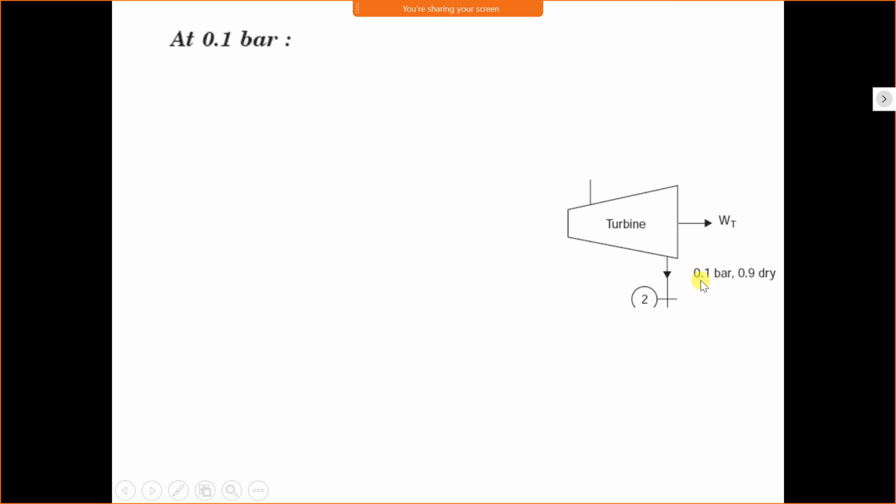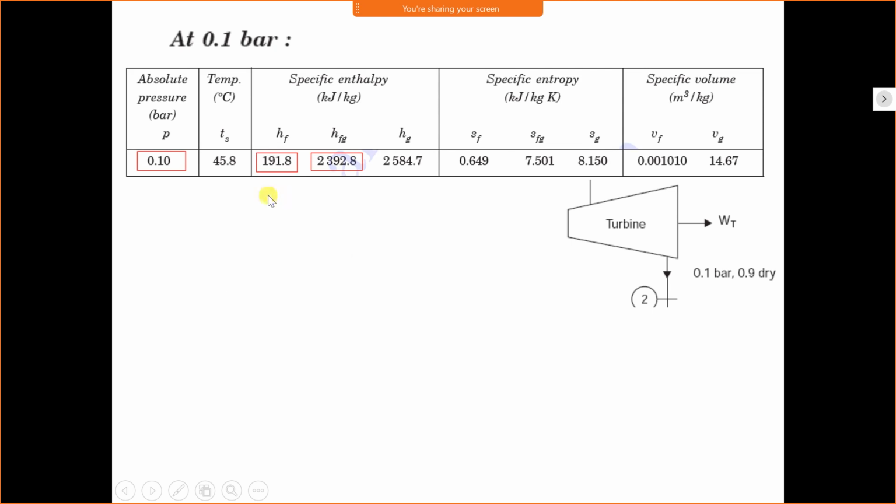Now the outlet condition of steam, that is enthalpy of steam at point 2. Here the condition of steam is 0.1 bar and 0.9 dry. 0.9 dry means the dryness fraction is 0.9, and dryness fraction is written as X. Since it is 0.9 dry, the condition of steam is wet. Therefore from the steam table at 0.1 bar we take the properties of steam.